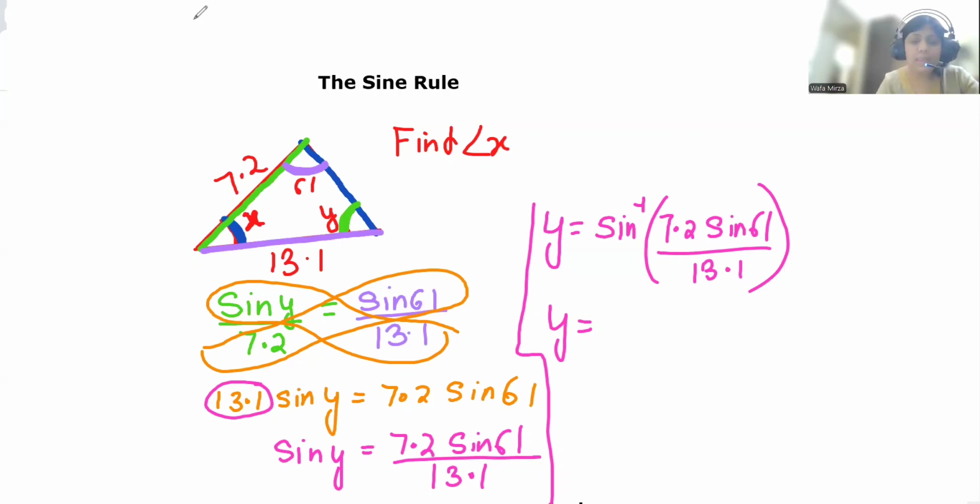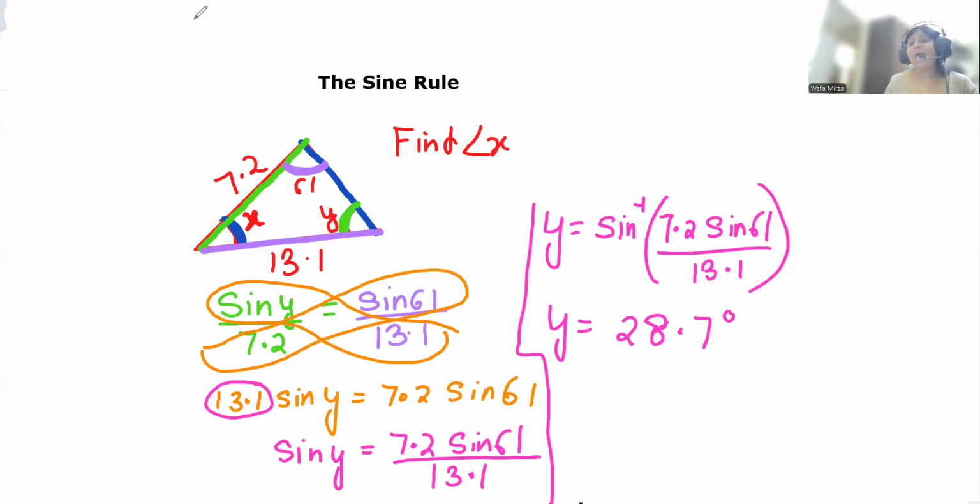So it is sine inverse of 7.2 times sine 61 divided by 13.1. Your answer will be 28.73. So I will round my answer to one decimal place. So it will be 28.7 degrees, right?